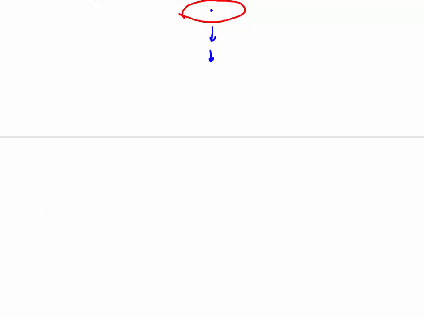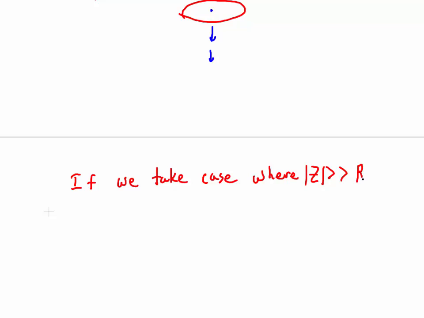So let's consider the case where the absolute value of z is much greater than r. In this case, we need to use the binomial expansion.